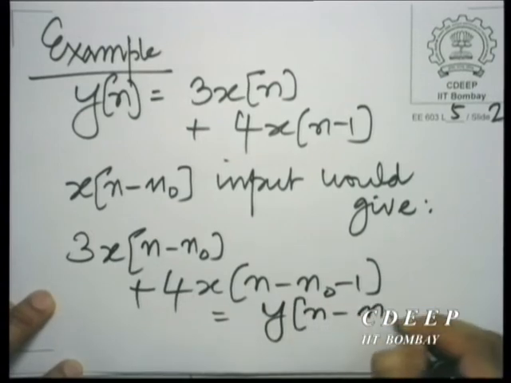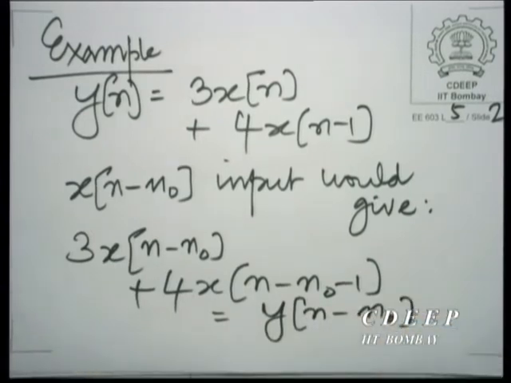So, it is not too difficult to visualize what is happening here. At every point in the output, you are taking 3 times the present input sample and 4 times the past one. So, if I were to shift the whole input by n 0 samples, at every point I would be getting the same input but shifted by n 0 samples. So, whatever was happening n 0 samples before would now happen at this point, right.